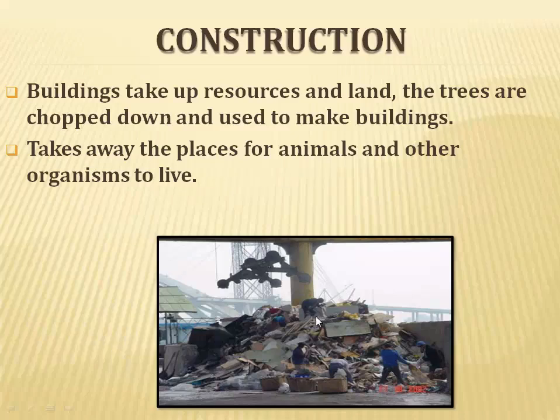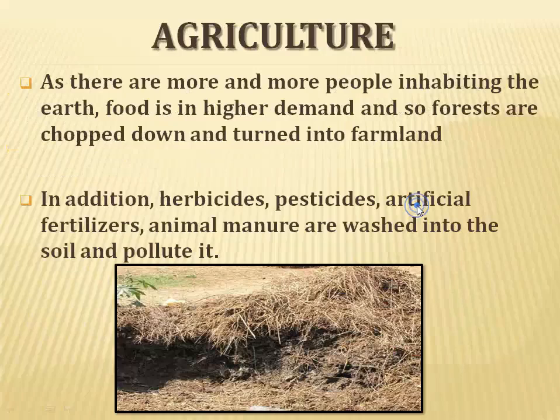That is another aspect of construction and land pollution: buildings continuously occupying the normal natural land, which was earlier a resource or the habitat of many animals and organisms. That is one aspect, and throwing the garbage of construction on the land is another aspect of land pollution.